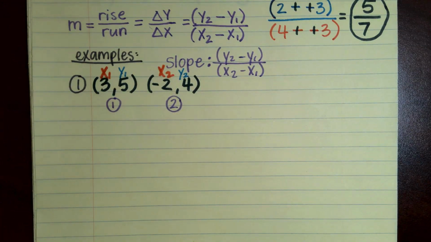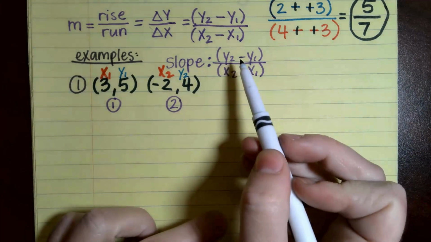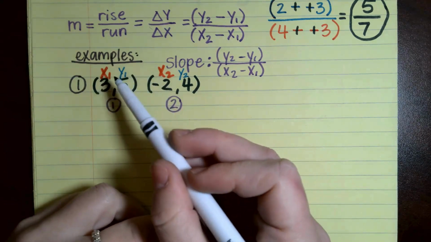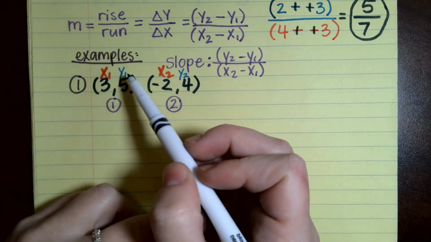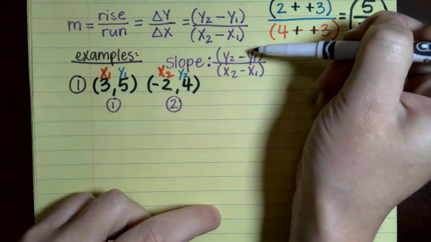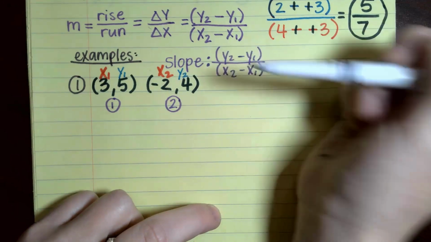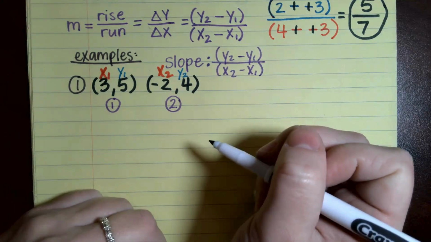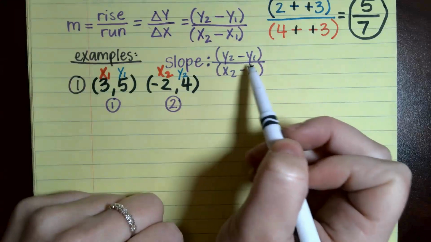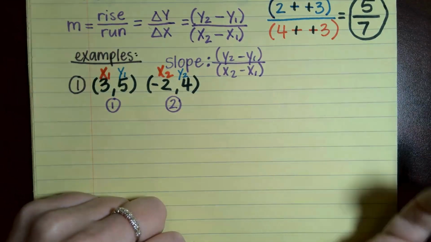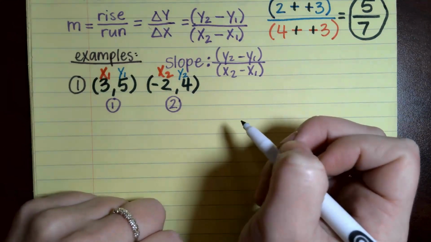Okay. Now, to find slope, all we need to do is plug our x1 and our y1 into the right places, and then our x2 and our y2 into the right places. So, what am I going to write on the top half? What is y2 minus y1?